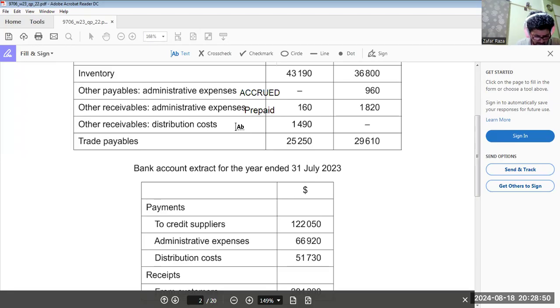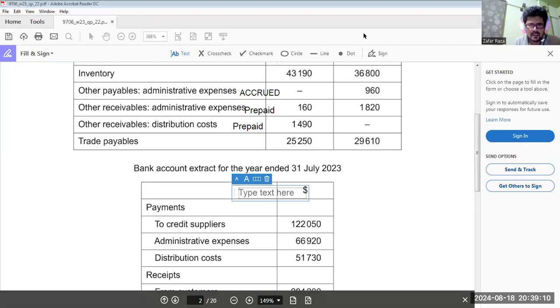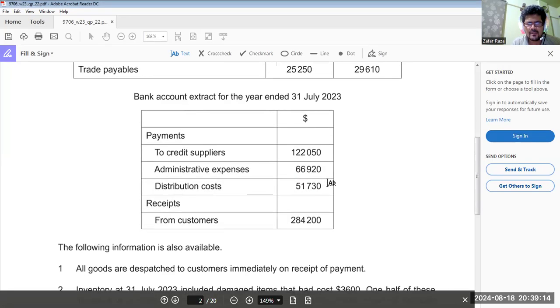So we have to deduct it. Distribution cost 51,730.